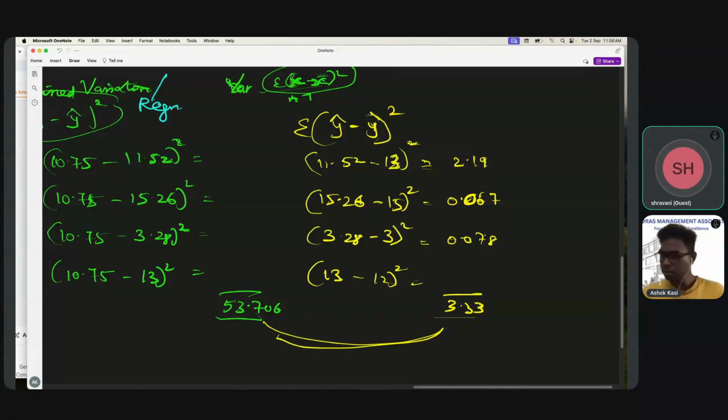Then this is 1 square, which is 1. Still it is very less. Recall 1 plus recall 2 plus recall 3 plus recall 4. How much is it? 3.336. Okay, something has gone wrong in the calculation, but we can find it out.